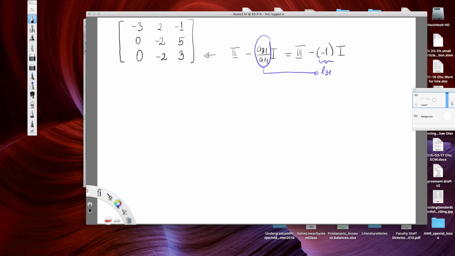Now I need to eliminate this. Again, I'm going to eliminate it by replacing row 3 with row 3 minus A32 divided by A22. This is my new pivot position.